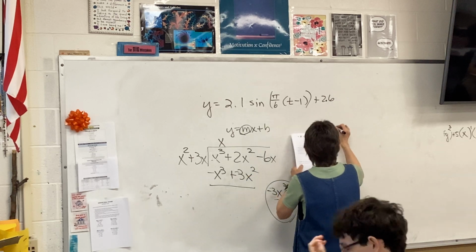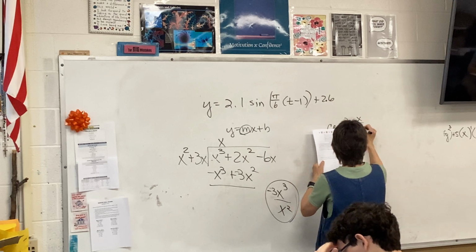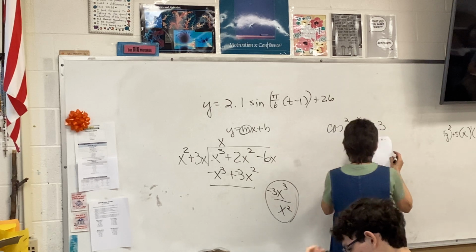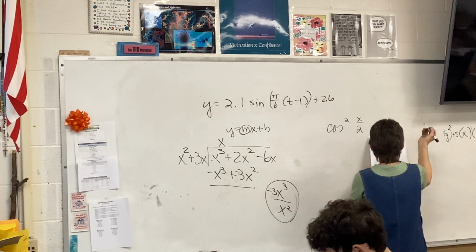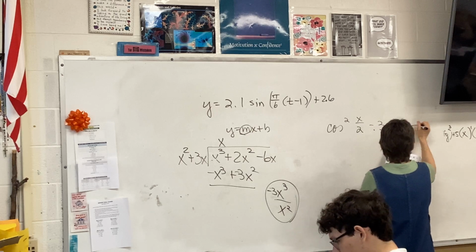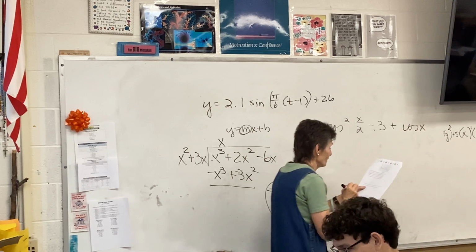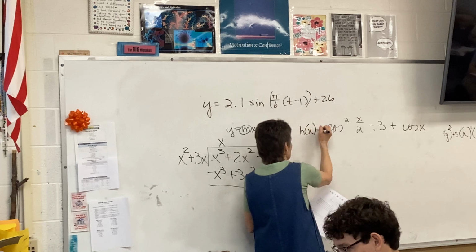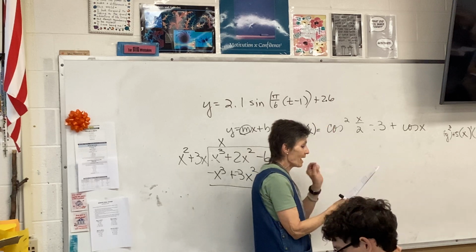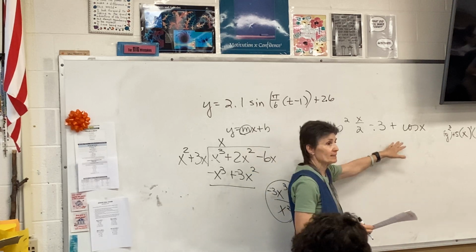So you've got cosine squared x over 2 minus 0.3, and you need to add that to cosine x. So we are building a new function called h that's made by adding f and g. Does everybody see that?